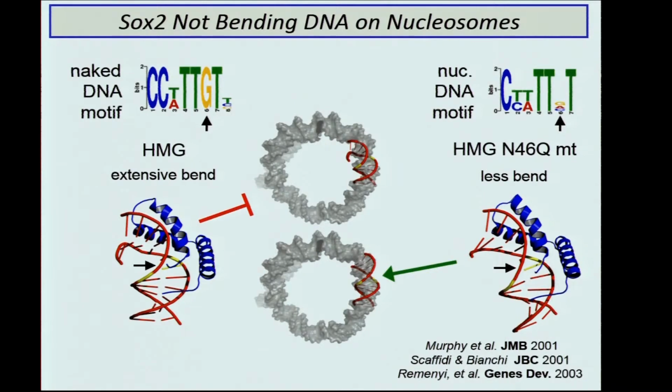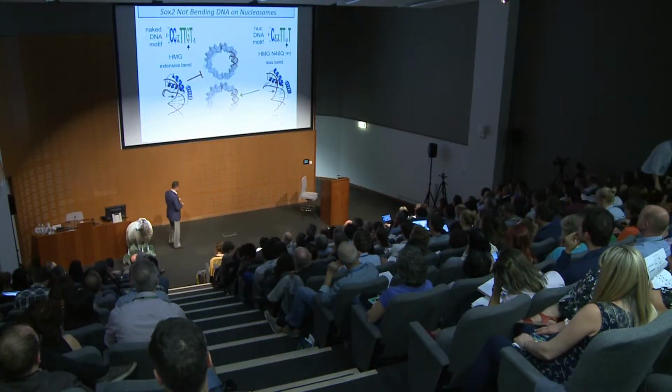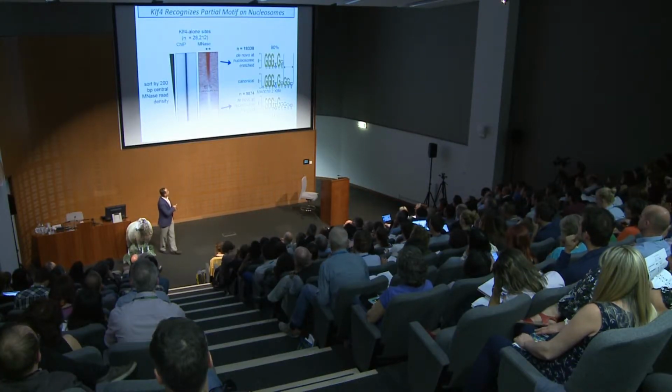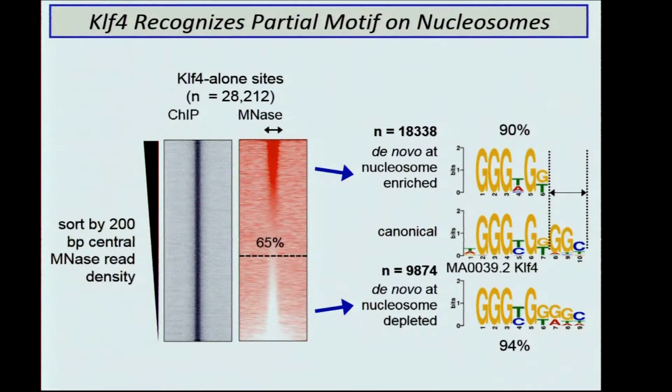So what is this telling us? That SOX2, when bound to nucleosomes, doesn't bend DNA, because it won't be able to, since there are histones there. But what it's doing is only recognizing this partial motif, which is compatible with the nucleosome structure. And KLF4 is a similar story. The nucleosomal enriched sites have a shorter motif than the nucleosomal depleted sites.